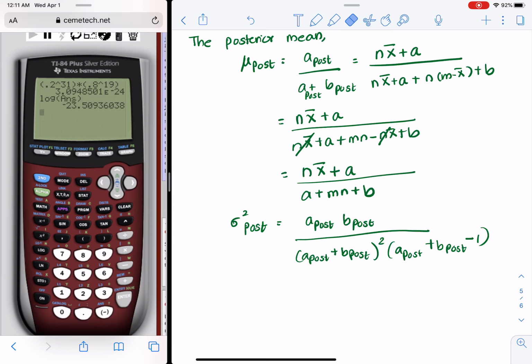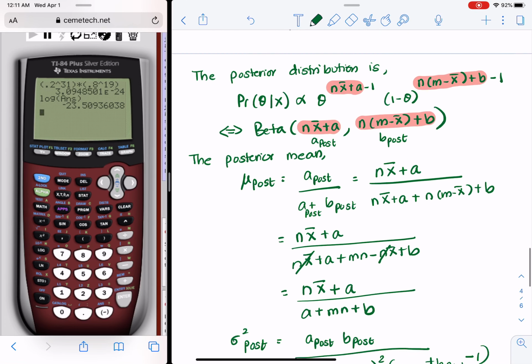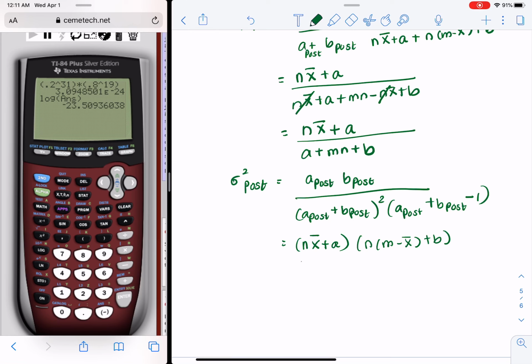We have the value of A post, which is n x bar plus A. We multiply it by B post, which is n times m minus x bar plus b, divided by, we know the value of A post plus B post. A post plus B post simply reduces to A plus mn plus B squared. And use the same argument here.